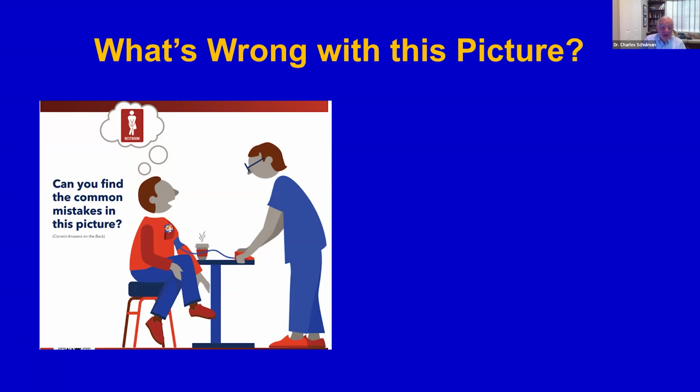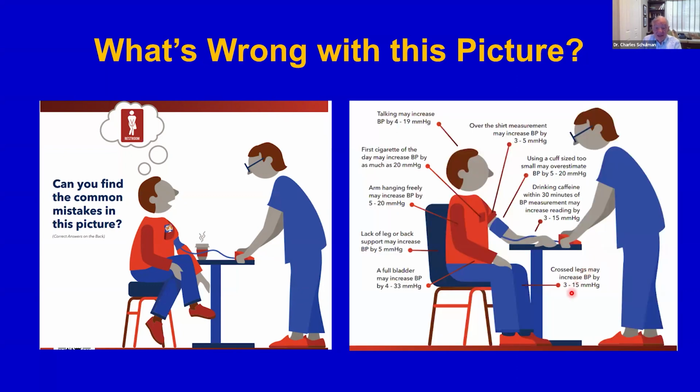He needs to go to the bathroom. So okay. His blood pressure is being taken over his clothes. His legs are crossed. His back is not supported. And he's drinking a cup of coffee and talking. This, of course, is the right way to do it.